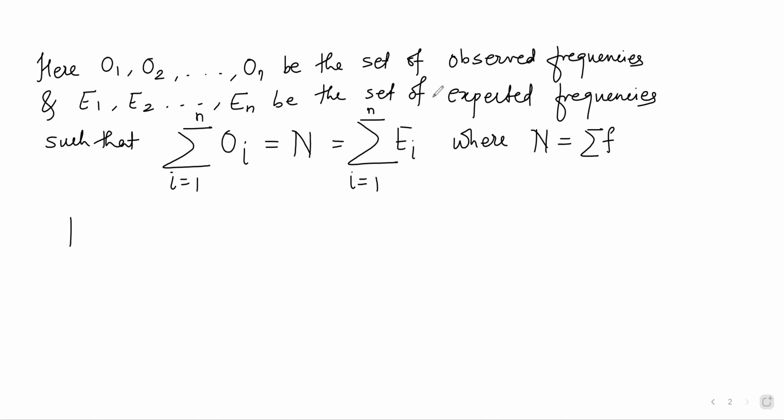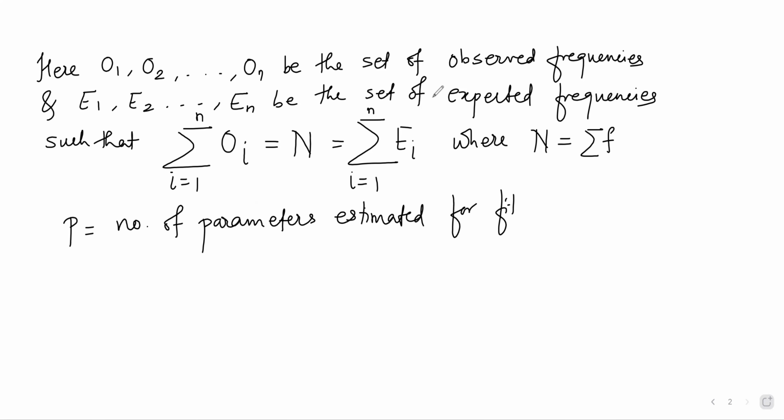P is equal to the number of parameters estimated for fitting the probability distribution.